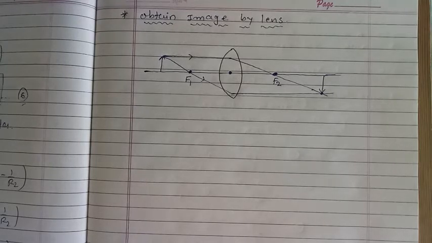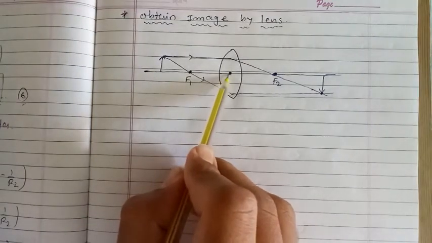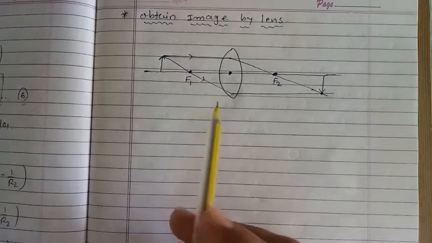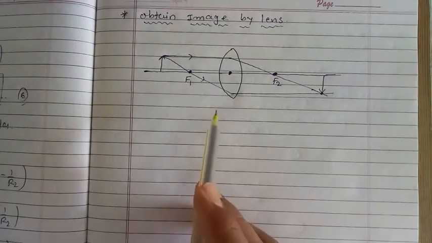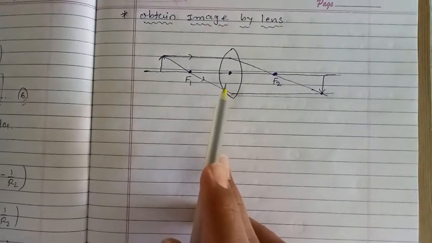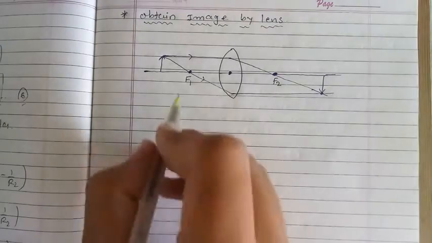We also considered our third ray like this. If a ray of light passes through the optical center, this point, then it emerges without any deviation, right? You already know that if the ray passes through the optical center, then there is no deviation after refraction.